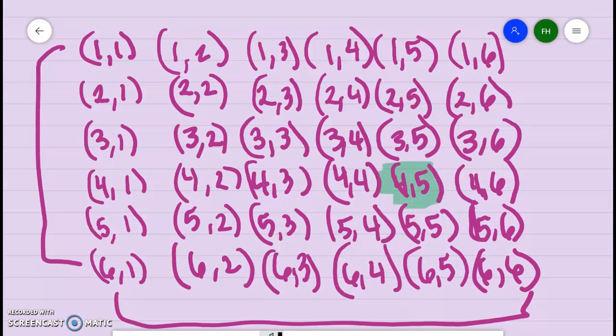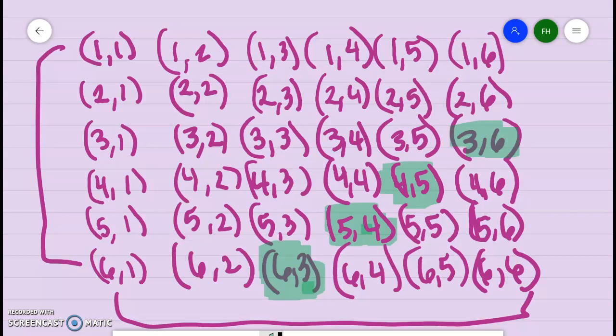You have a 4 and a 5, and a 5 and a 4, and a 6 and a 3, and a 3 and a 6. And I think there's 4. Let's make sure. 3 and a 6, 4 and a 5, 5 and a 4. Alright.